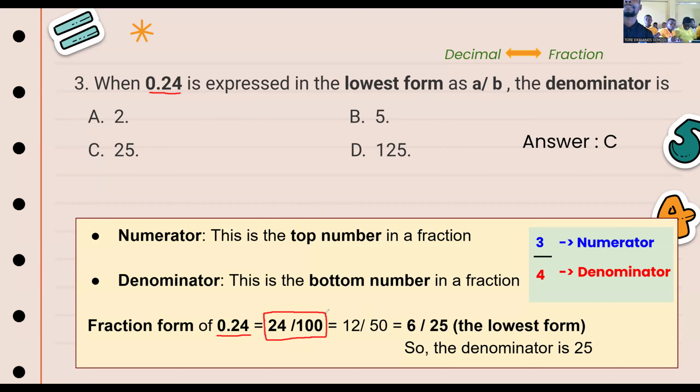And we can simplify the top and the bottom by dividing by 2 and then 2 again, or dividing by 4 on both the numerator and the denominator to get 6 over 25, which is the lowest form. That's why the denominator is 25 in this lowest form of 0.24.